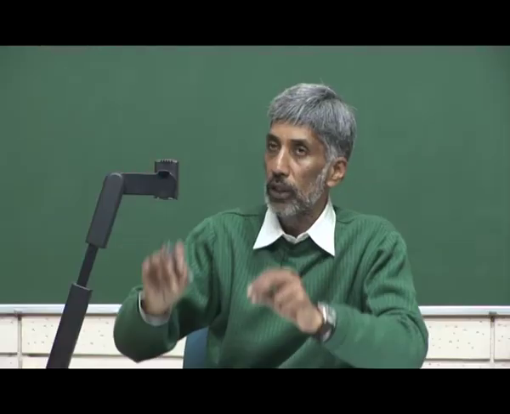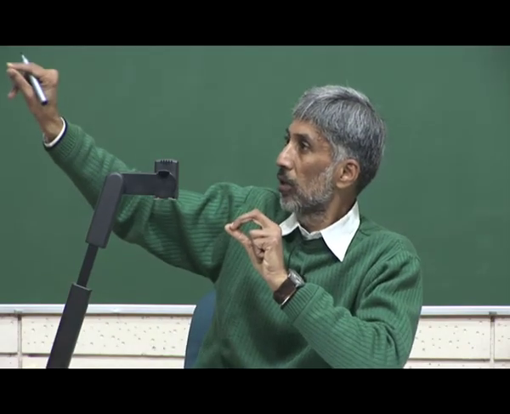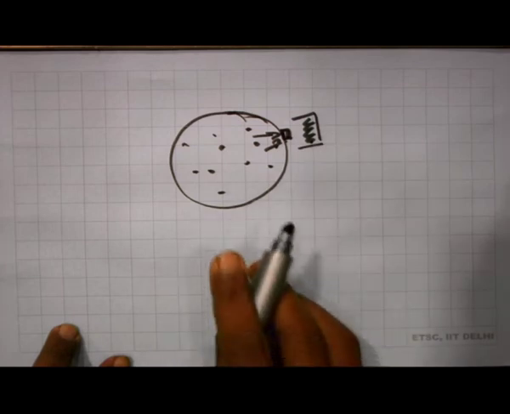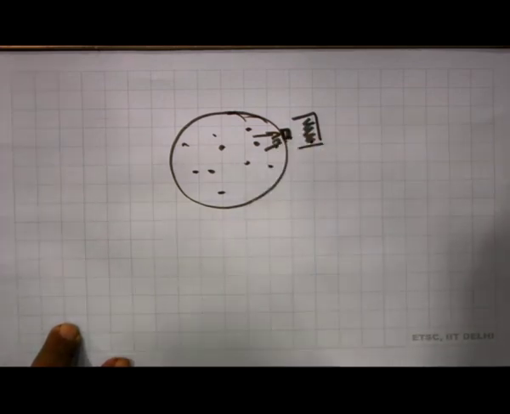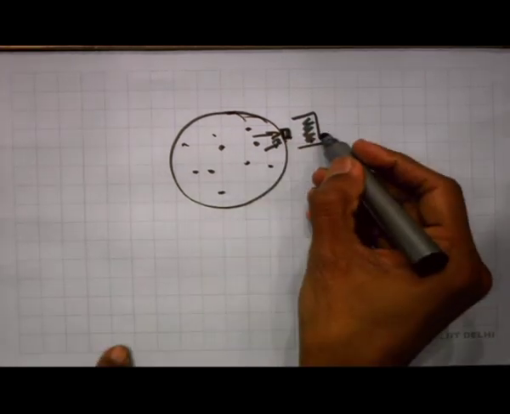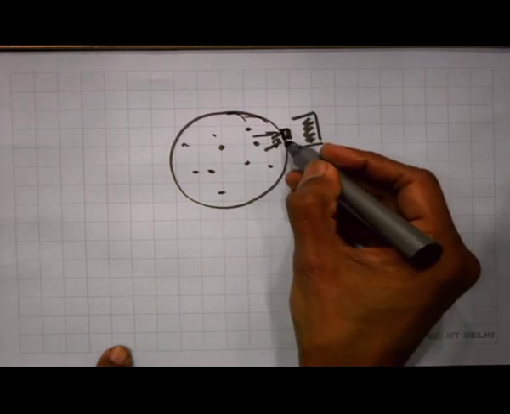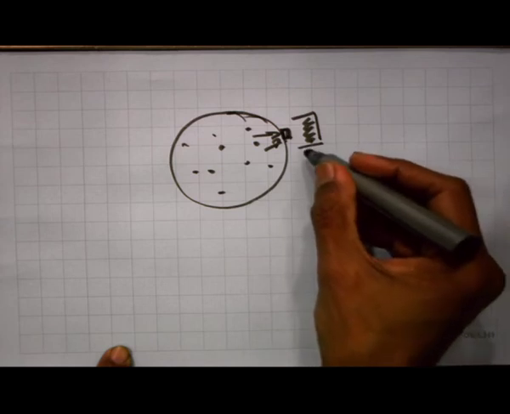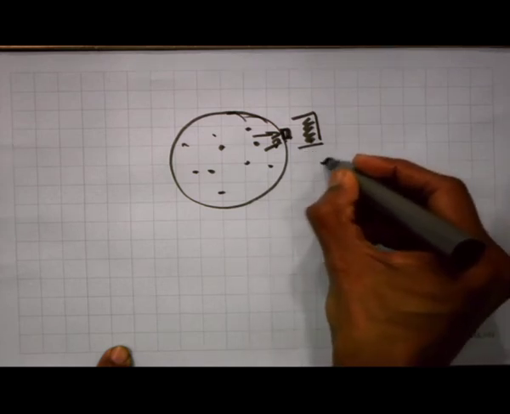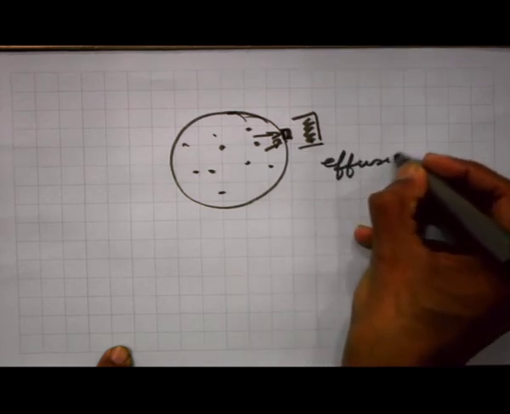If you have two different samples with the same area, the amount that we collect here, per unit time or whatever you want, will be proportional to the velocity that we have here. And this is an example of what is called an effusion experiment.